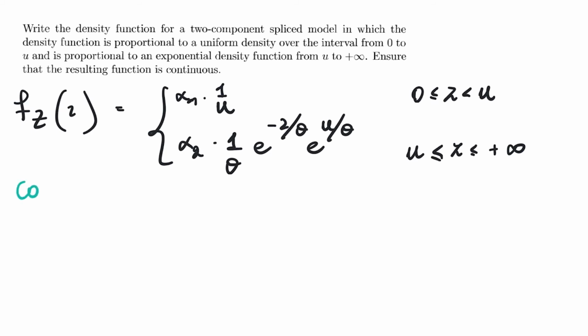Now, in order to ensure continuity, we need to have that our first component evaluated at u is equal to our second component evaluated at u.